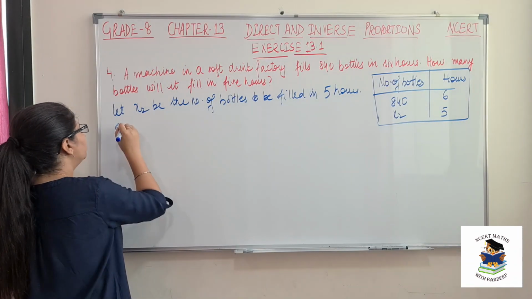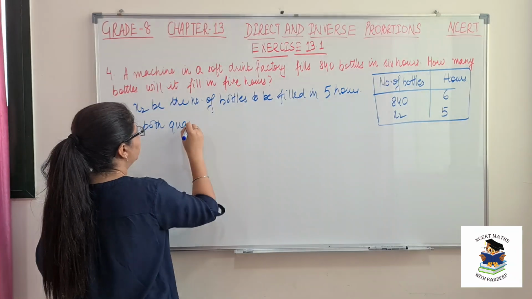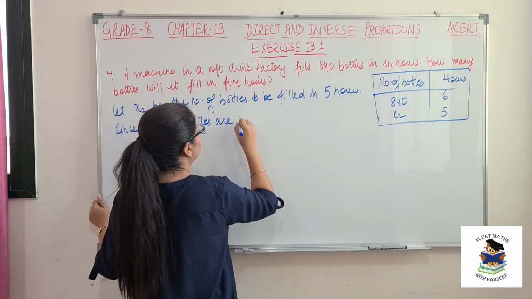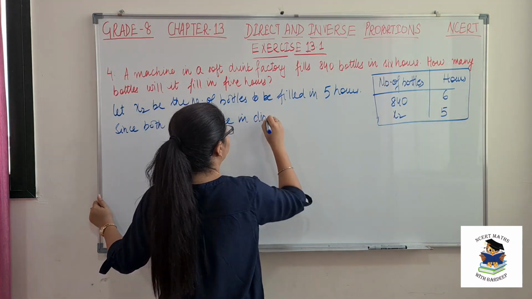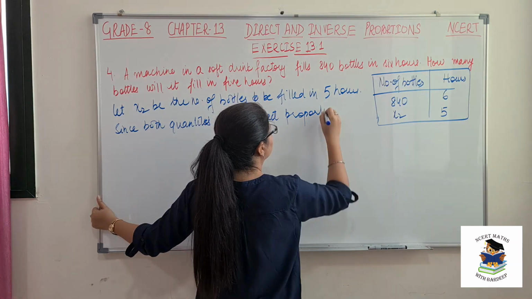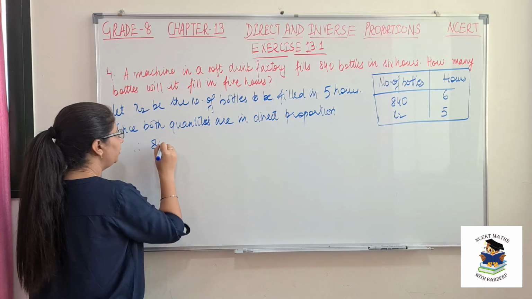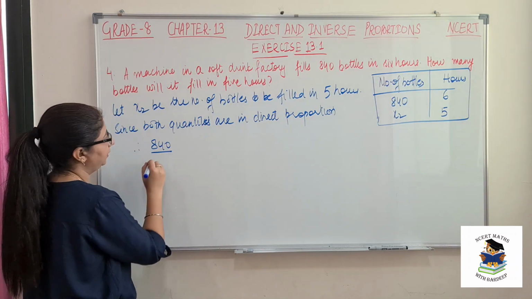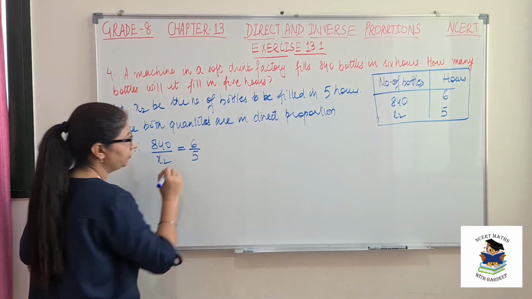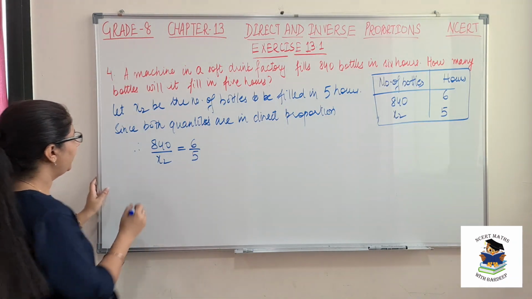Again we will write, since both quantities are in direct proportion, therefore 840 over x2 should be equal to 6 over 5. Why? x1 over x2 is equal to y1 over y2.